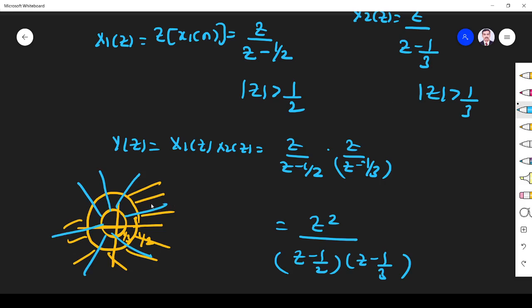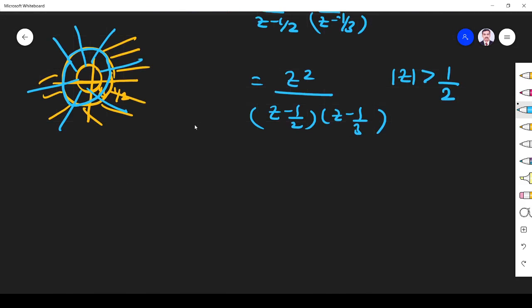So this is 1 by 2, this is 1 by 3. What is the collective ROC? Where both the signals are overlapping, beyond 1 by 2. Between 1 by 2 and 1 by 3 there is no overlapping, only blue is there. Beyond 1 by 2 only blue and yellow are overlapping. So that is our ROC. The collective ROC is greater than 1 by 2.